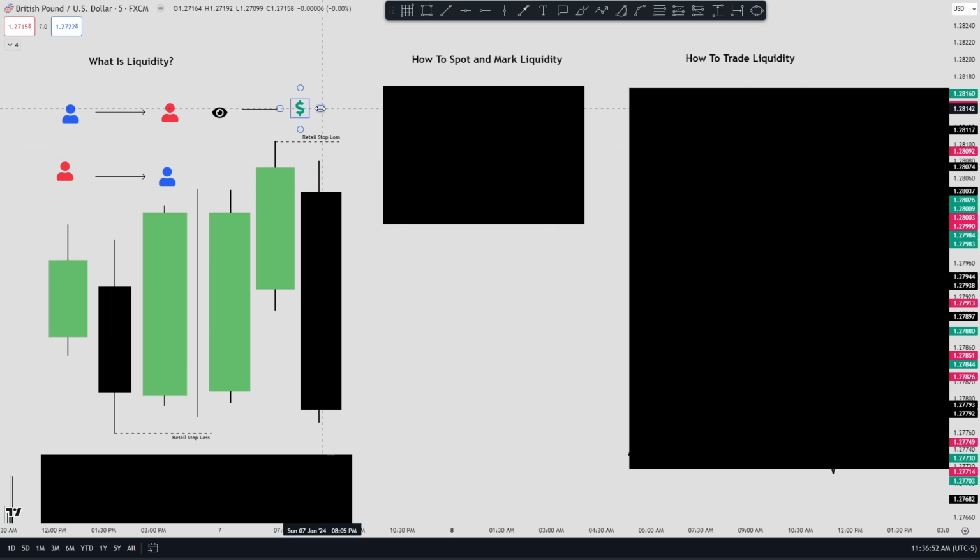The algorithm refers back to these areas as, hey, there could potentially be retail stop losses there. Let's draw into that area, take out those retail traders so these big banks and these big institutions can get their fill. So these retail traders who put their stop loss at these levels then become liquidity for these big banks and these big institutions to execute on their positions.